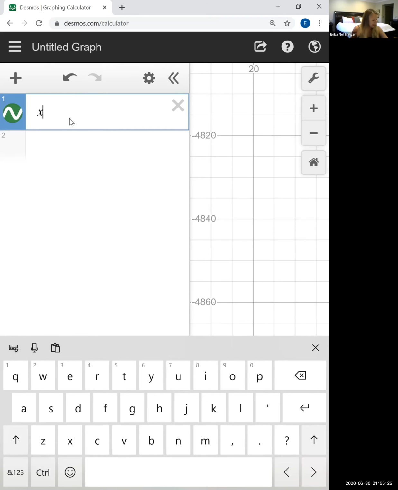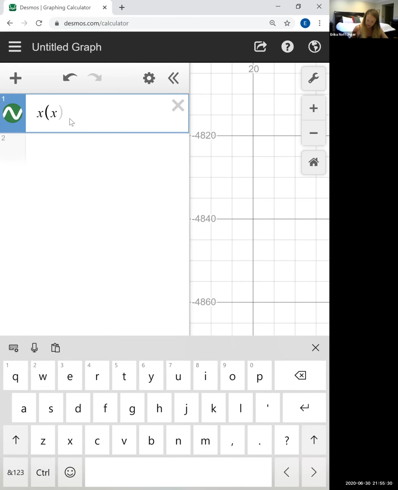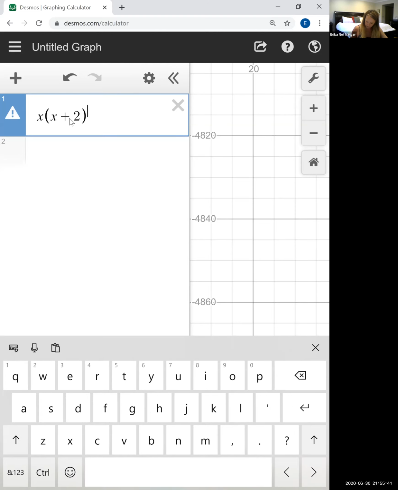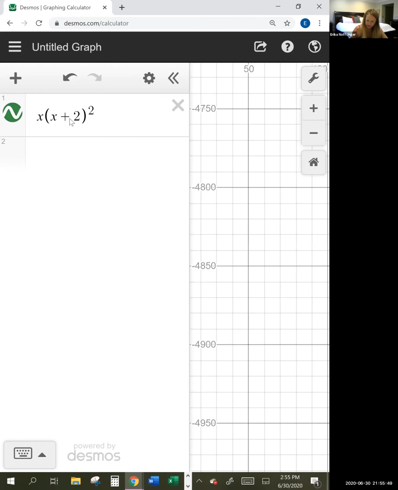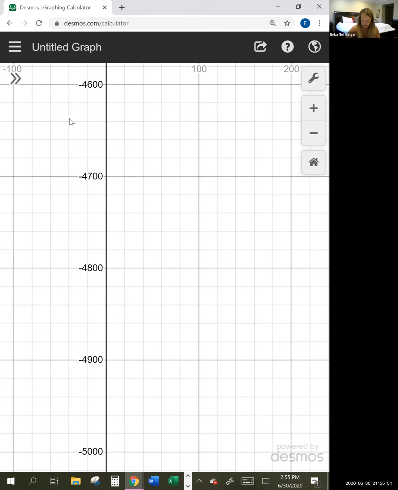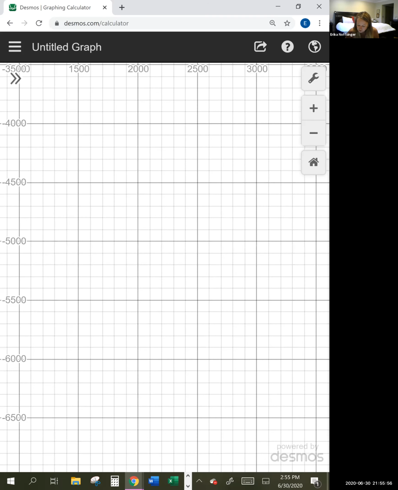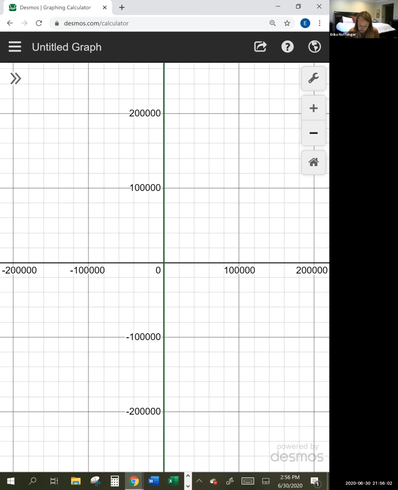Okay, so we got x times (x plus 2) squared. Looking at our graph, that's not what I want. I want the other way.